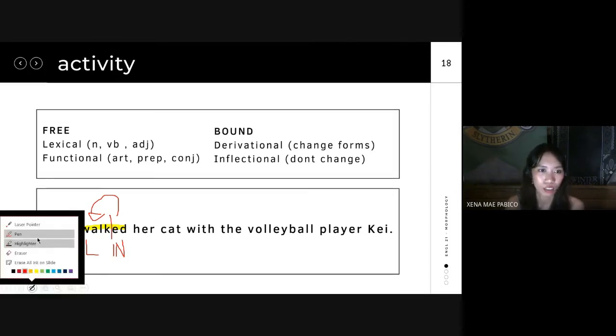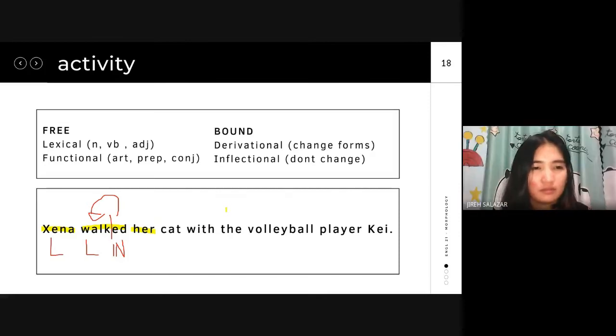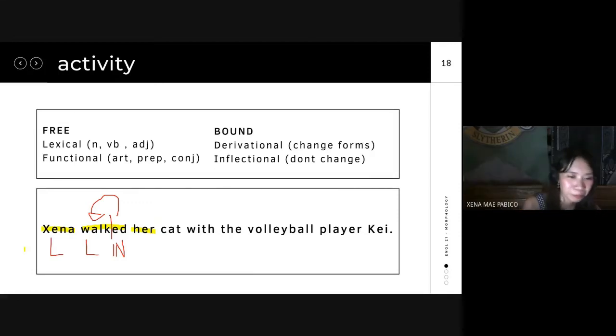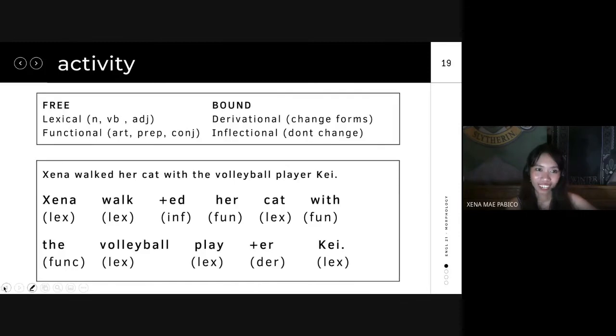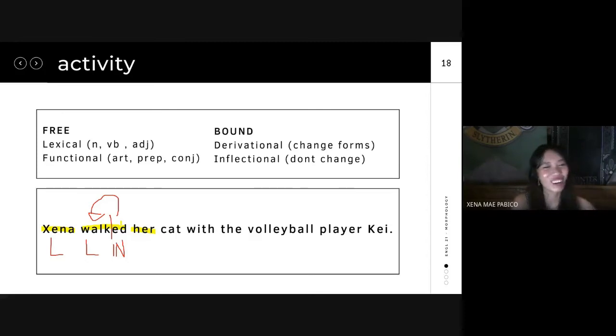How about you, Jai? What is the word her? What kind of morpheme is it? Lexical. Sorry, functional.